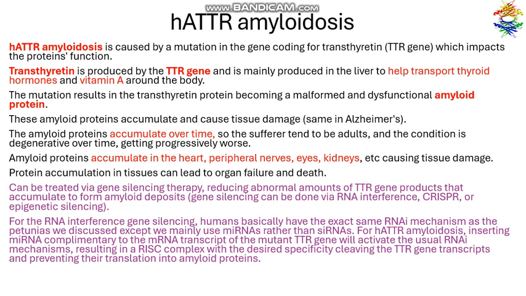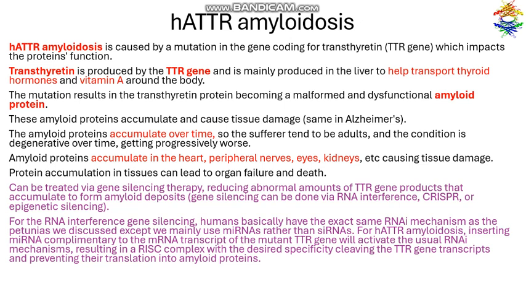Now, thanks to modern genetics, there are a few treatments for hATTR amyloidosis, which is a fairly rare and hereditary disease. It can be treated via gene silencing therapy, reducing the abnormal amounts of the TTR gene transcripts that produce the gene products that accumulate to form the amyloid deposit.